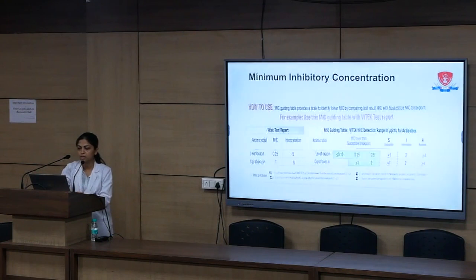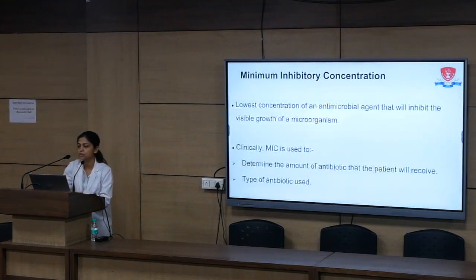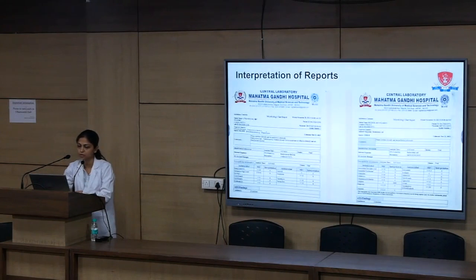So what is MIC? MIC is the lowest concentration of any antimicrobial agent that will inhibit the visible growth of an organism, and clinically it is used to determine the amount of antibiotic that the patient will receive as well as the type of antibiotic used. And the interpretation in the form of resistant, intermediate or sensitive is determined by the breakpoints.